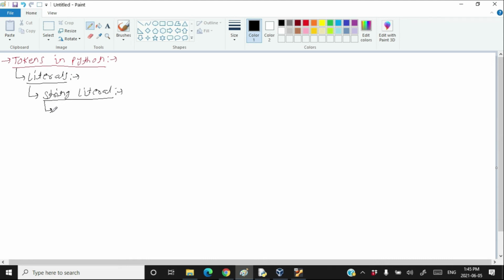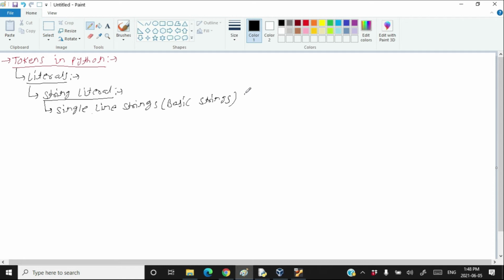Single line strings, also called basic strings, and the other one is multi-line strings. So single line strings and multi-line strings. Now let's see single line strings.